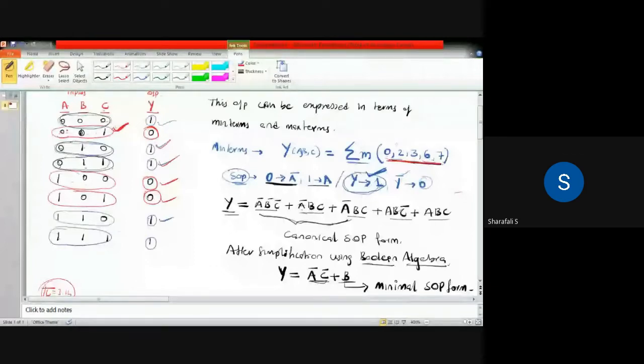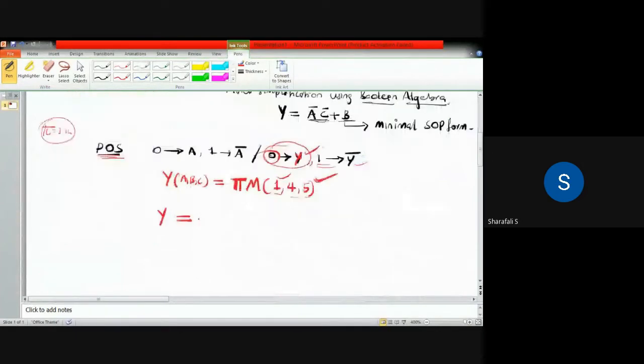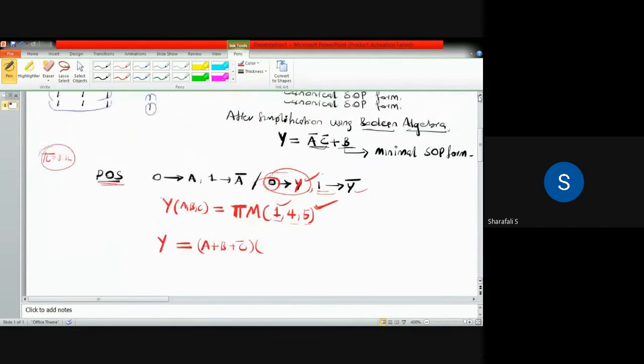Okay. Product of sum form, 0 means A. So A, B, C bar. That is the first one. Sorry, in product of sum form, we have to take OR of these variables. A or B or C bar. And this has to be taken product.